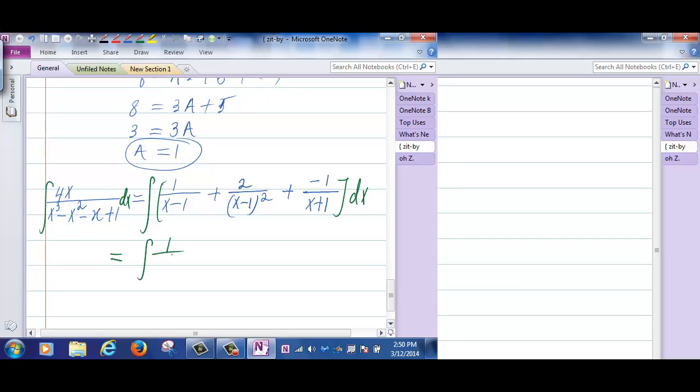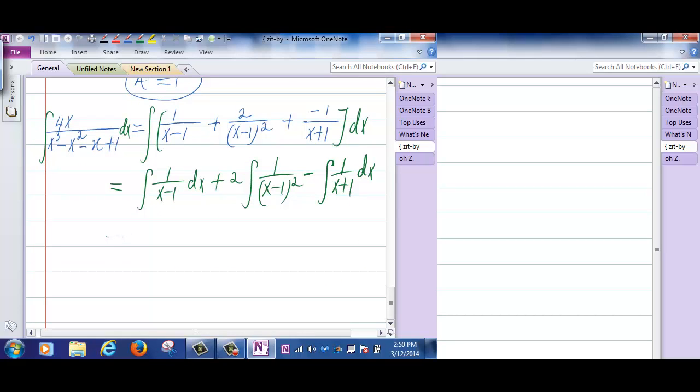It'll be the integral of 1 over x minus 1 dx plus 2 times the integral of 1 over x minus 1 squared minus the integral of 1 over x plus 1 dx. What's the first one? The first one would be ln of absolute x minus 1. The second one I'll do later. The third one would be ln of x plus 1 in absolute value plus a c.